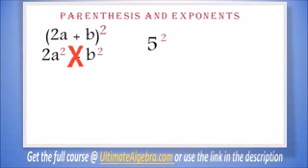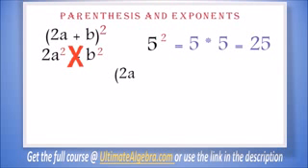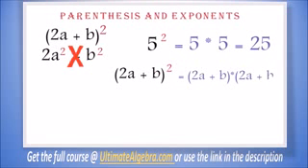Example, 5 squared expands as 5 times 5. This is equal to 25. So when we have, in parentheses, 2a plus b, squared, we expand it as, in parentheses, 2a plus b, times, in parentheses, 2a plus b. We will learn how to work this out in the next lesson, so don't worry about the expansion.